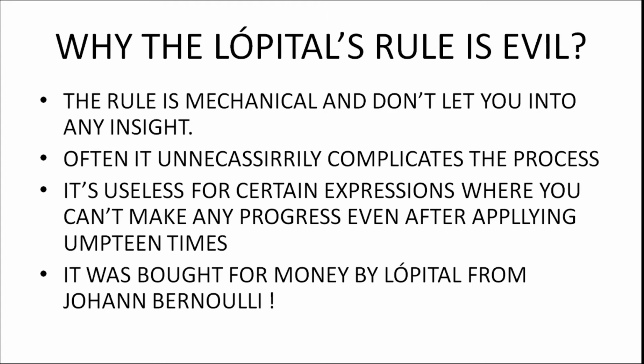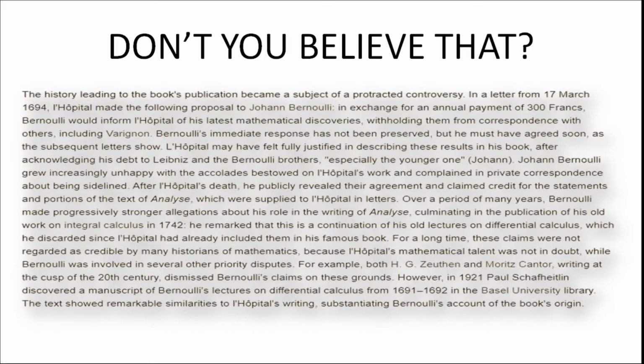So last but not the least is that it was bought for money by L'Hopital from John Bernoulli. I think he sold his findings for cash to L'Hopital, who was a lad in medieval times.